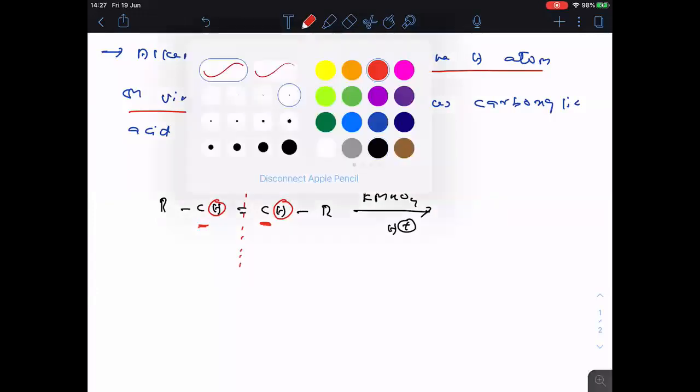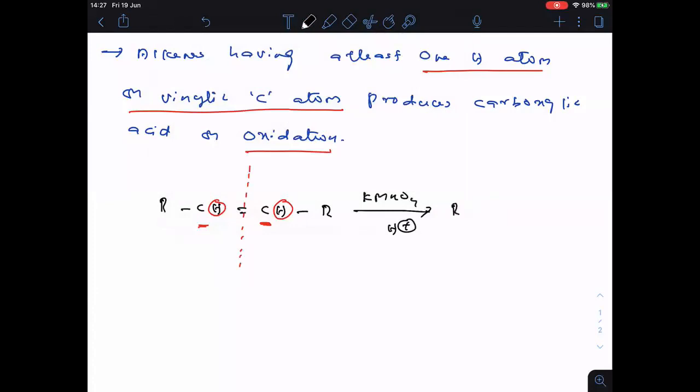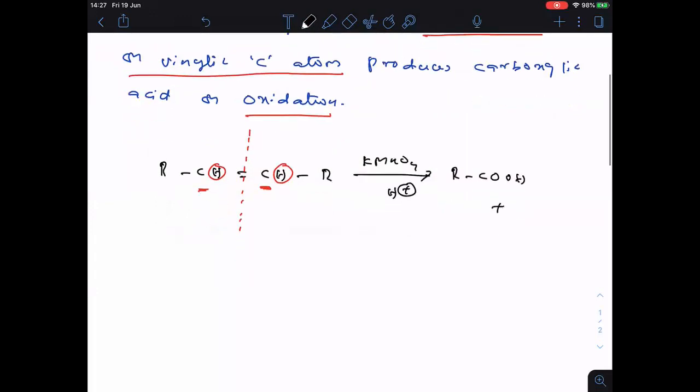Then what are the products formed here? RCOOH is formed from the left side, and from the right side also RCOOH. Am I right?